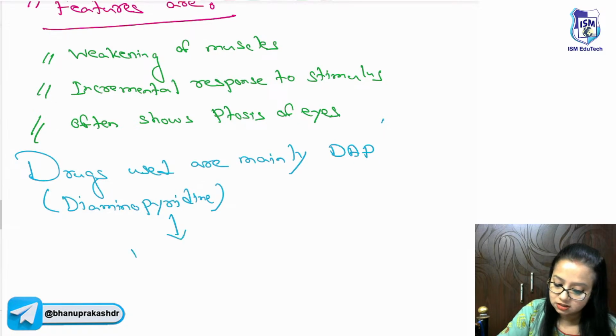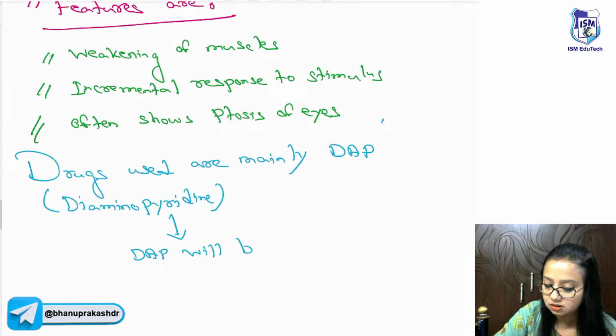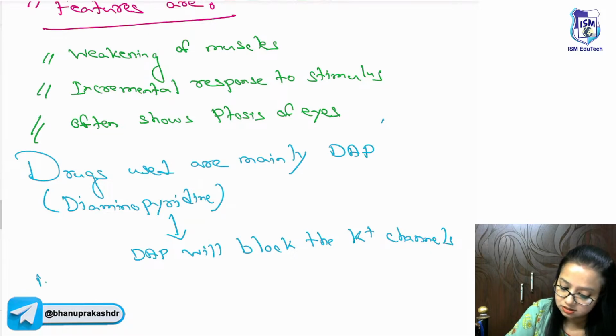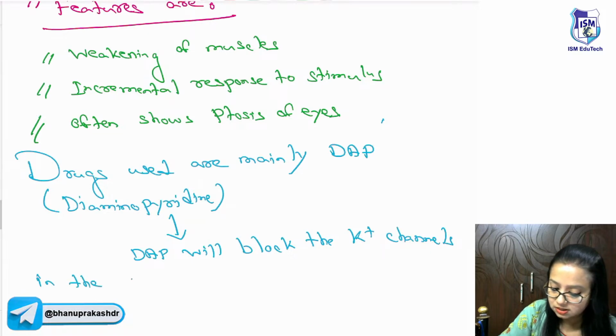Diaminopyridine will block the potassium channels in the presynaptic membrane.